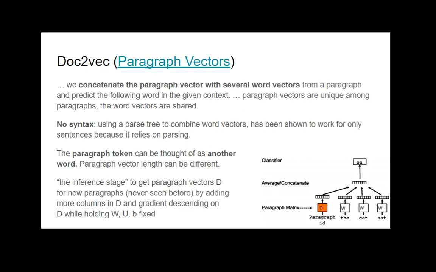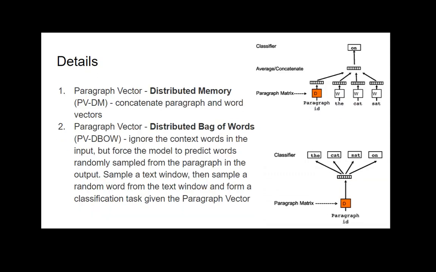Still, this approach gave an interesting result. Again, they provided two approaches. The first approach is to concatenate the paragraph vector and the word vectors, like the vector with 1 hot encodings of words. And the second is ignore the context, so only the paragraph. And you do what?